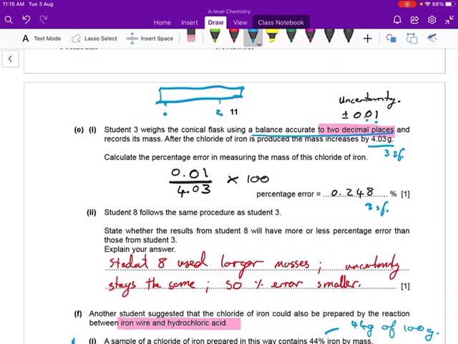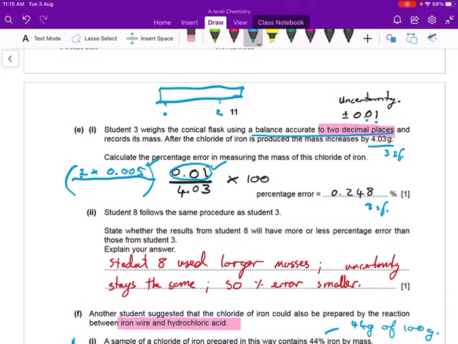So you would see in the marking scheme, they make allowance and say twice half the smallest increment, because this is my smallest interval. Half the smallest one, but because there are 2 readings that you take, the first and the last one, we can use this. So that's how I get my percentage uncertainty.